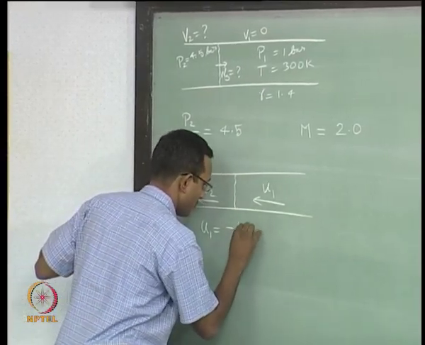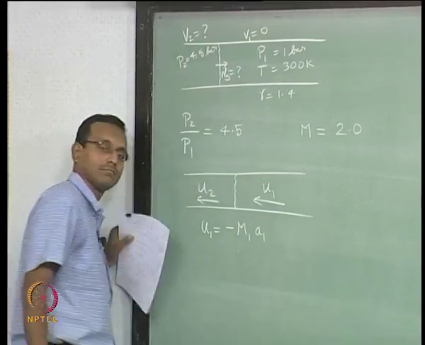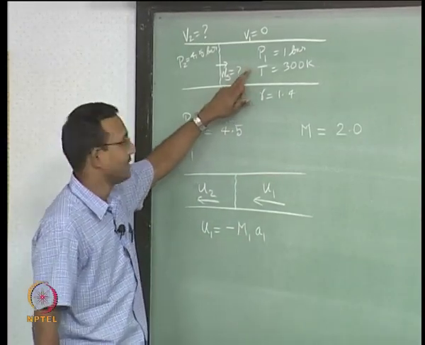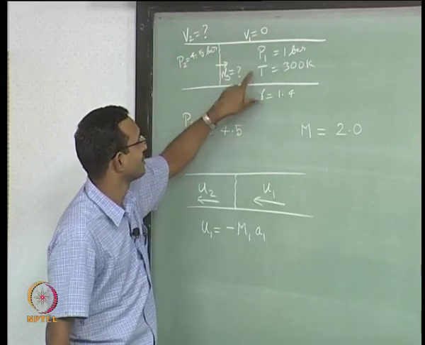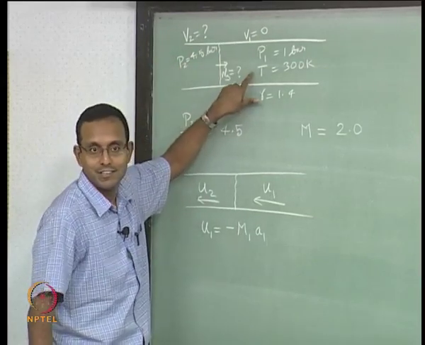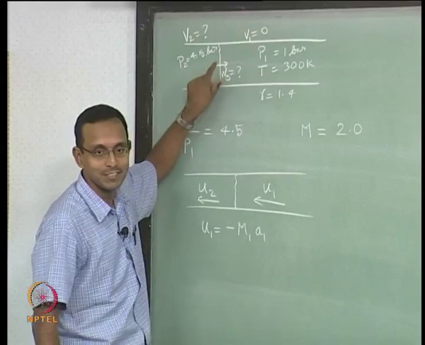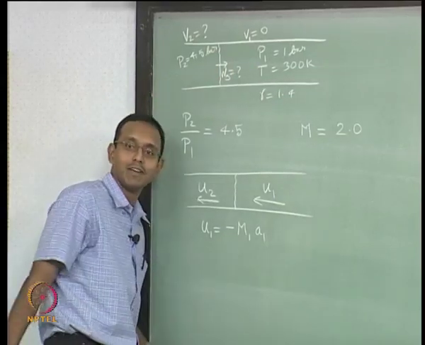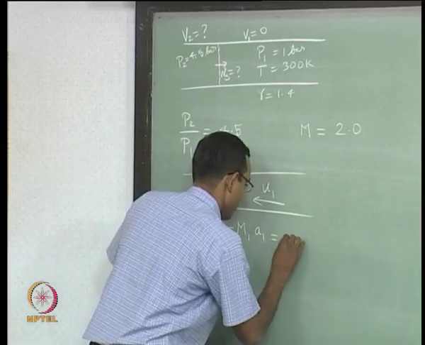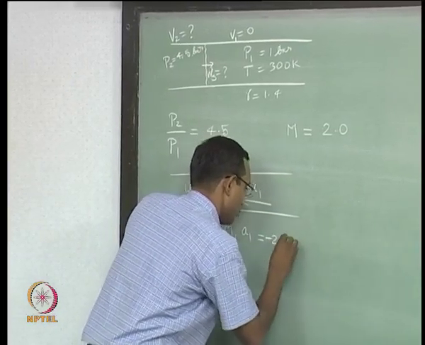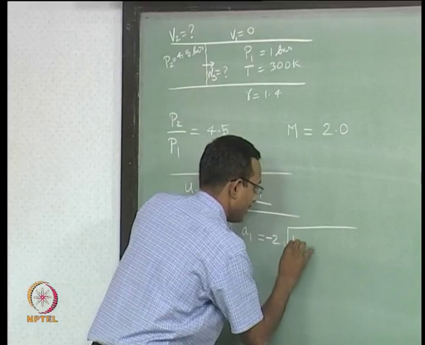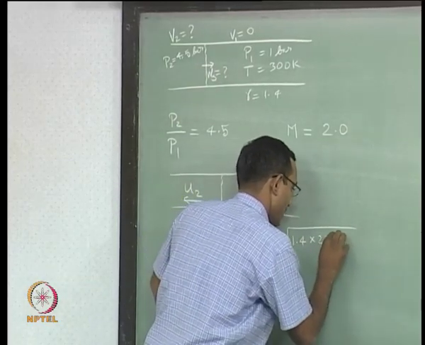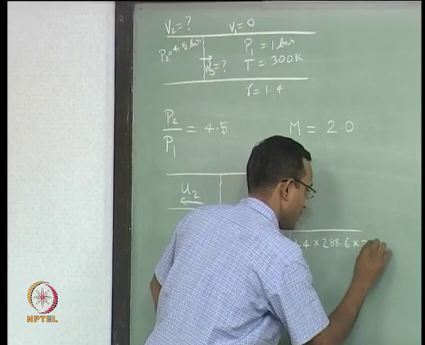U1 is going to be minus of M1A1, right, because it is stagnant gas, it is like a bus travelling against somebody stationary. What is the speed of this person with respect to the bus? It is the same velocity in the other direction. So, I just directly write minus M1A1. This is equal to minus 2 into square root of gamma RT, 1.4 into 288.6 into 300.